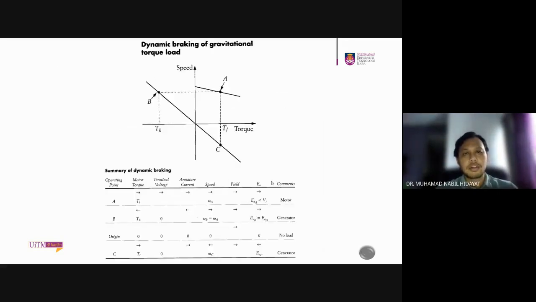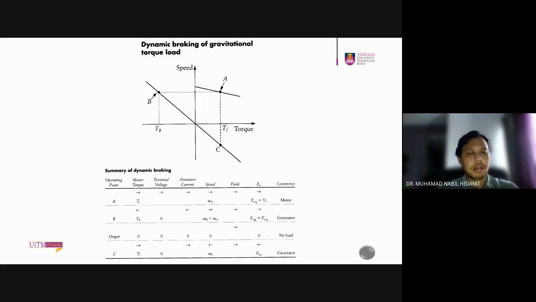It can also be explained in this figure. Let's say you already know conditions A, B, and C. For C, when you hit the brakes and the speed is going backwards, your brake is still connected.